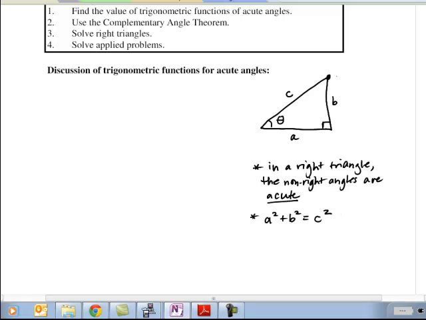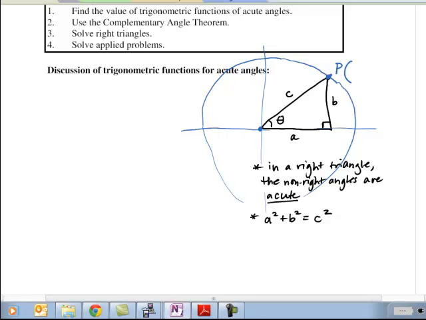So if we think about setting up a circle with origin at this corner, if we label this point, the x-coordinate of that point would be A, the same as the base of that triangle, and the y-coordinate of that point would be B, the same as the height of that triangle.